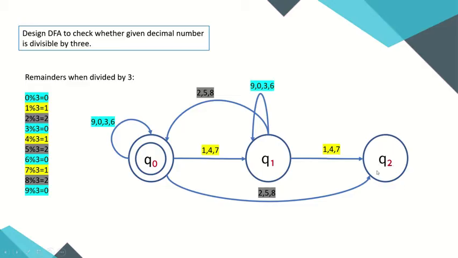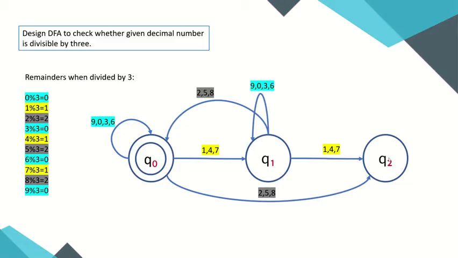Let us assume that we are giving the number 119. Initially from Q0, when we give the input 1, it reaches Q1, and again when we give the input 1, it reaches Q2.